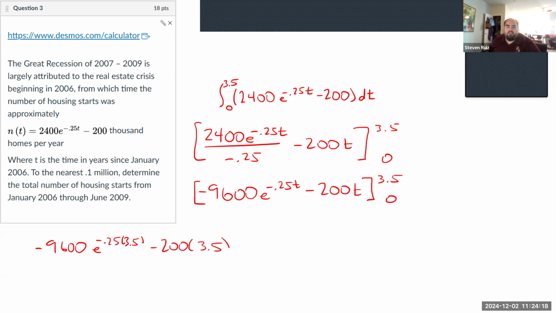And then from that, I'm going to subtract all of this: negative 9,600 e to the 0 minus 200 times 0. So this term falls off, that goes to 0. This e to the 0 becomes 1. So we've got a couple terms to approximate. The other two became pretty simple for us.